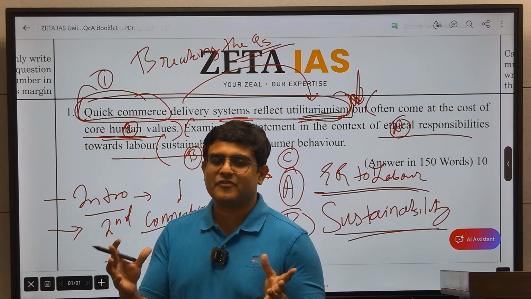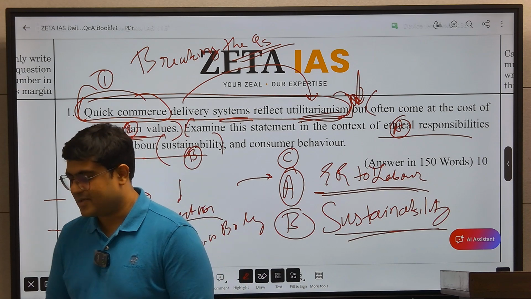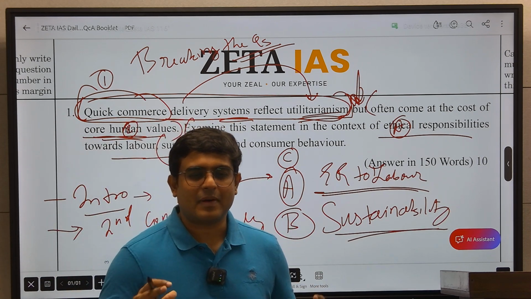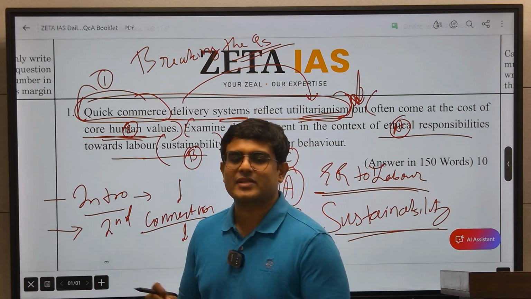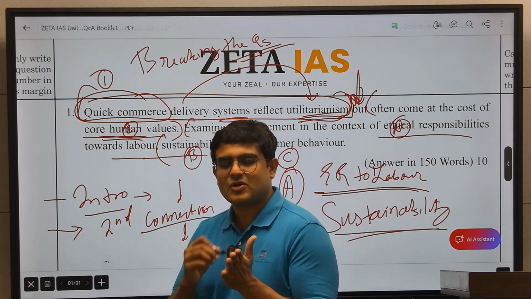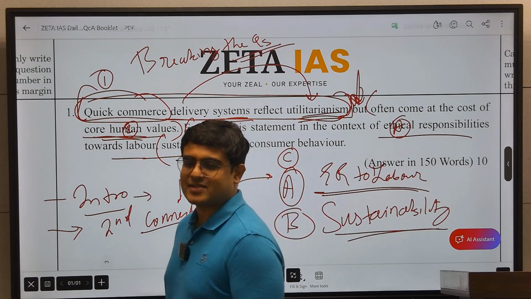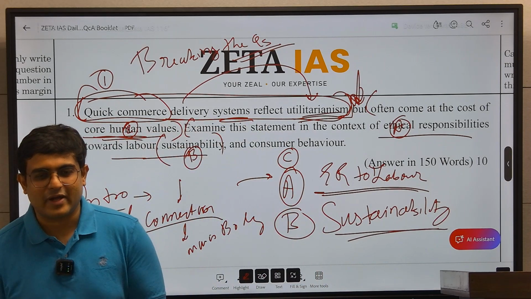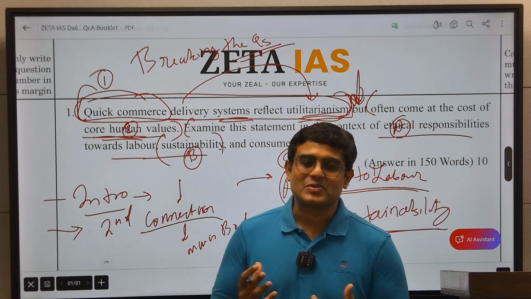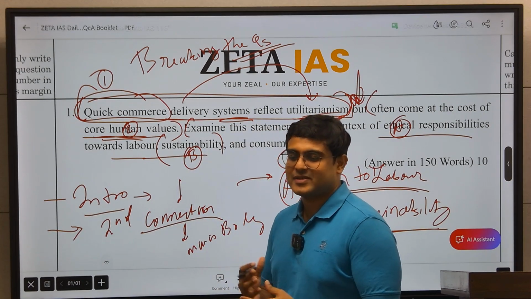Before this era you may have planned everything: me and my roommate will go together to the shop, make a list of all the items I need to purchase, and from that shop at once you will get everything. But now, convenience, so environmental sustainability.